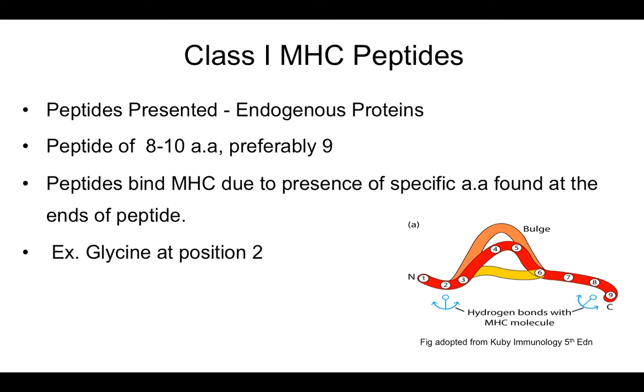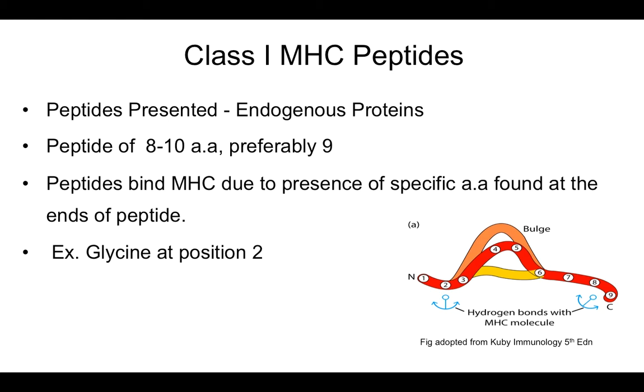For example, if a viral particle enters the body and infects the host cell, this virally infected host cell is an endogenous antigen that is produced in the body. Tumor cells are self cells which have undergone some mutations, and therefore the structure of the cell has changed, and thus it is produced inside the body and so called an endogenous protein.